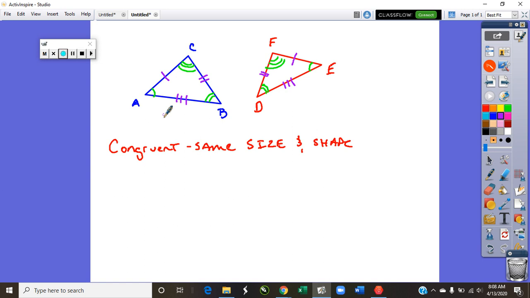What you're going to be asked to do is write a congruence statement and then use that statement to determine the congruent sides and angles. If you remember, the sign for congruent is an equal sign with a squiggle above it. That means congruent, or in this case, congruent to. So let's first write this first triangle in our congruence statement.